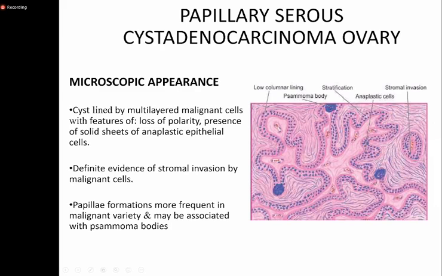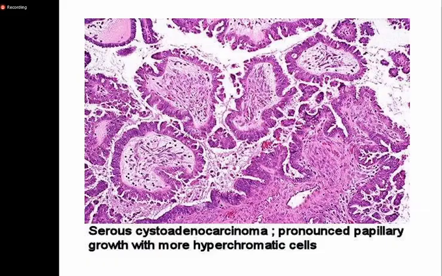This is the histology stained with H&E, and if you compare this with the benign variant, the serous cystadenoma, this one is more complex. The cells are more piled up, they're darker or hyperchromatic. It's just a more complex lesion.